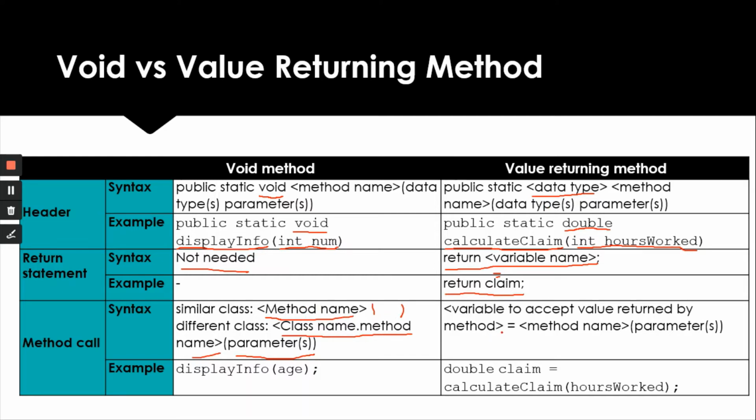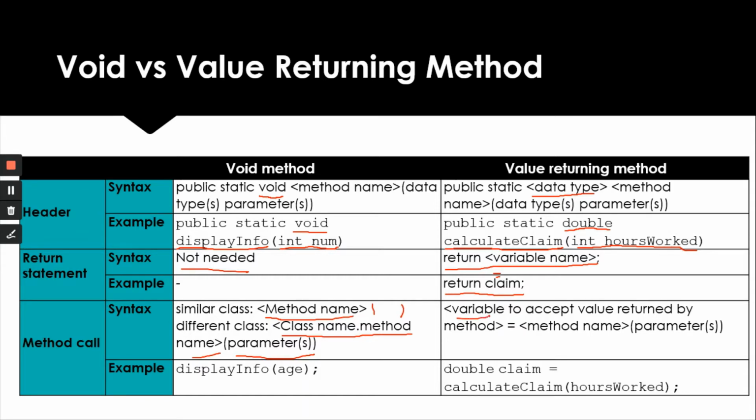Okay, for a void method, it is simpler because you just need to write the method name and the parameter. But for a value returning method, the syntax is a variable to accept the value returned by the method. If we see the previous example, we return a claim. So this claim value needs to be accepted by one variable when you call the method. When calling a value returning method, there are two parts.